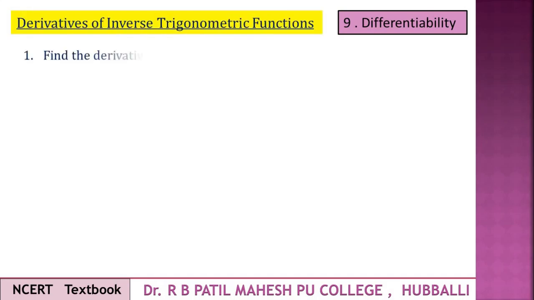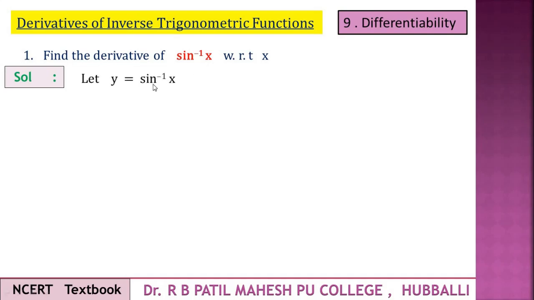Derivatives of inverse trigonometric functions. The first function: find the derivative of sine inverse x with respect to x. Now see the solution. First you take this inverse function as y.